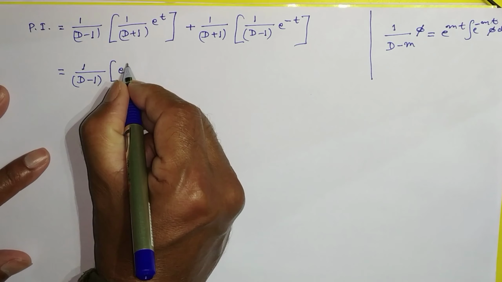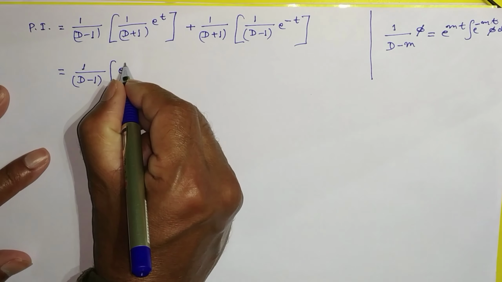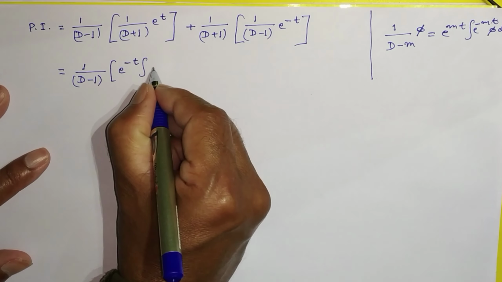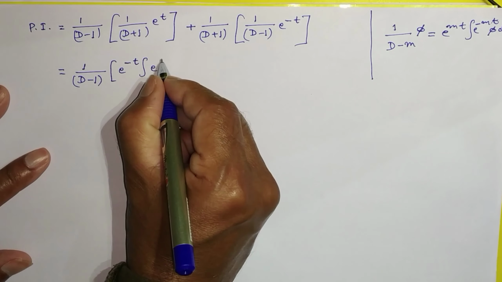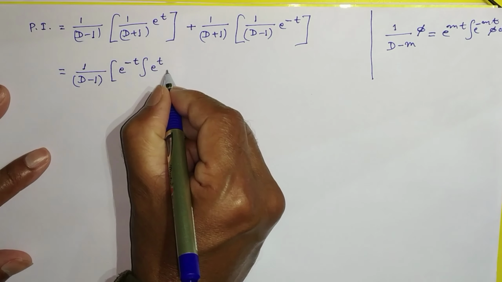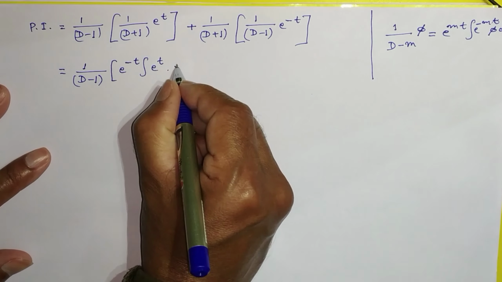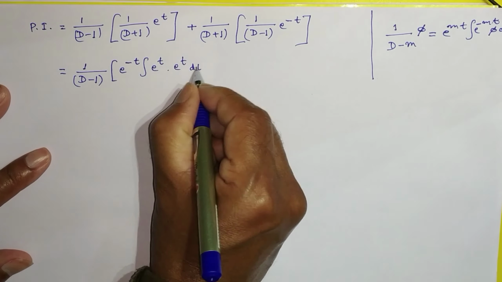So we have minus t integral e raised to t, and the function is phi. In place of phi it is e raised to t, so e raised to t dt.